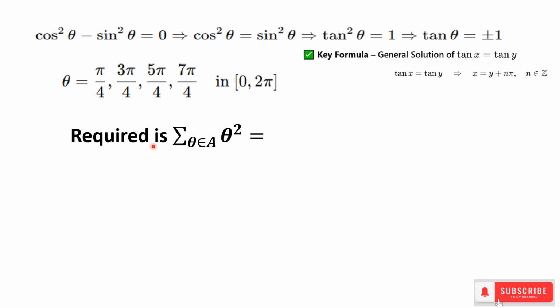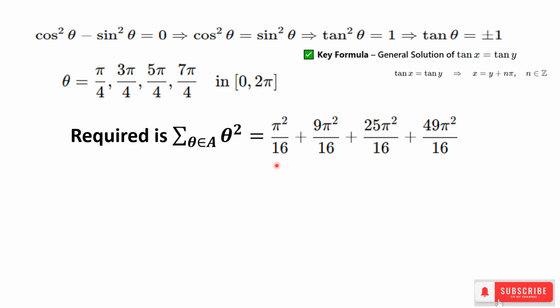Now the required value is sigma θ², such that θ belongs to A. That is, we have to square all these values and find the sum. So sigma θ² is equal to (π/4)², which is π²/16, plus (3π/4)², which is 9π²/16, plus (5π/4)² which is 25π²/16, plus (7π/4)² which is 49π²/16.